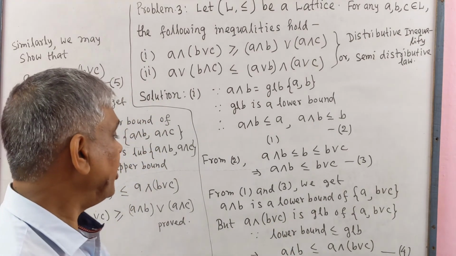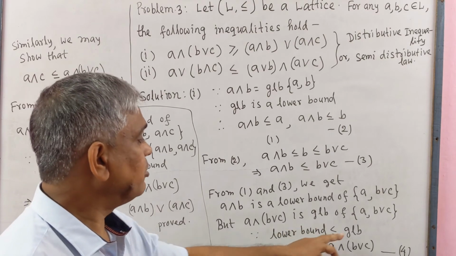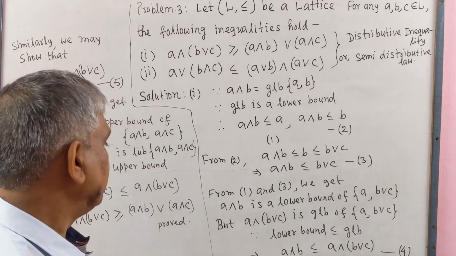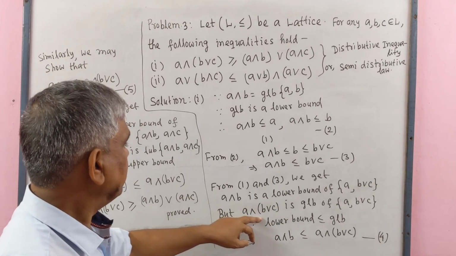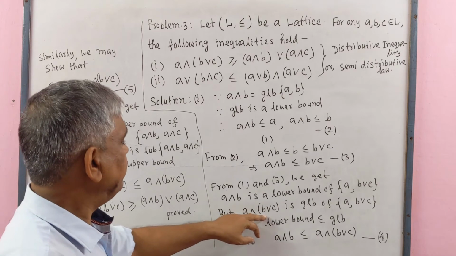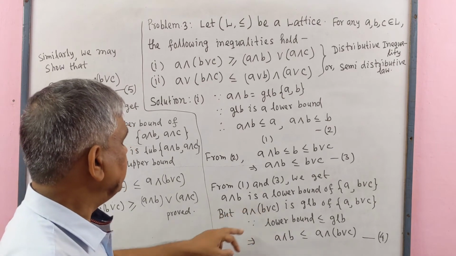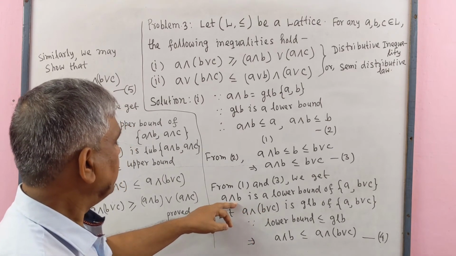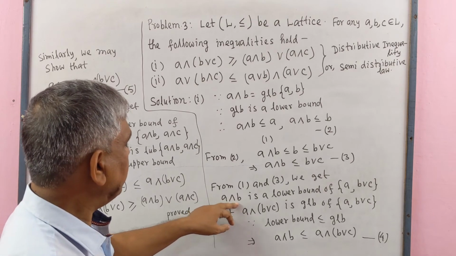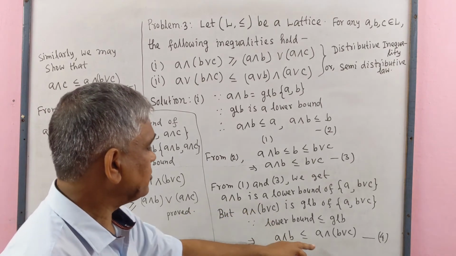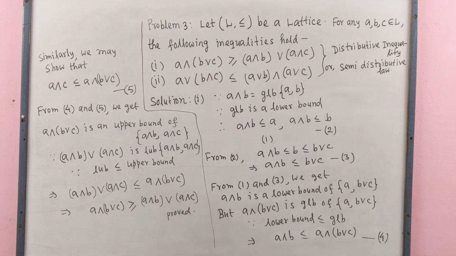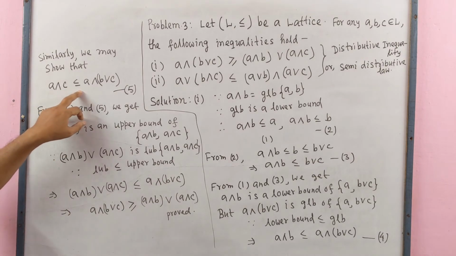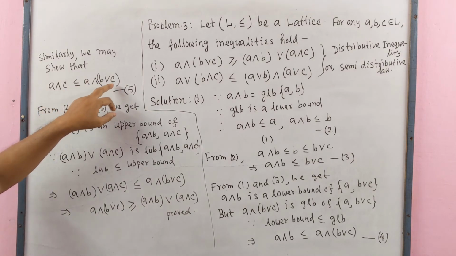We know that a lower bound is less than or equal to the greatest lower bound. So this lower bound is less than or equal to this greatest lower bound. This is number 4. Similarly, we may show that A ∧ C ≤ A ∧ (B ∨ C).